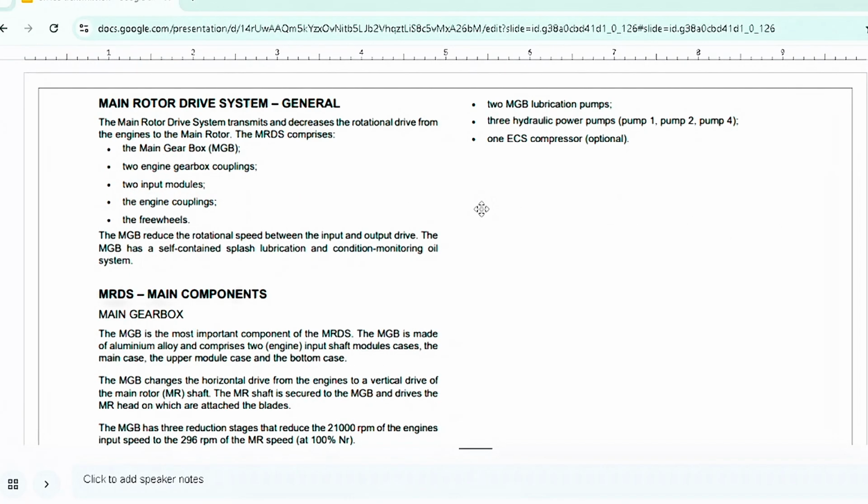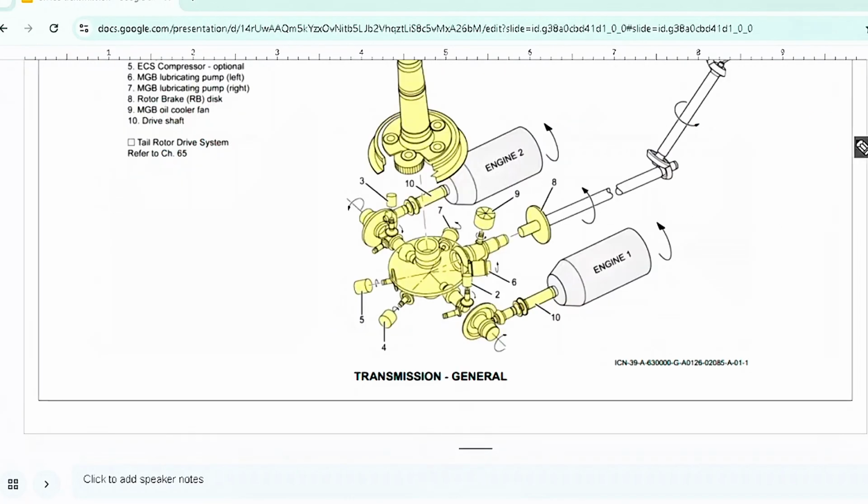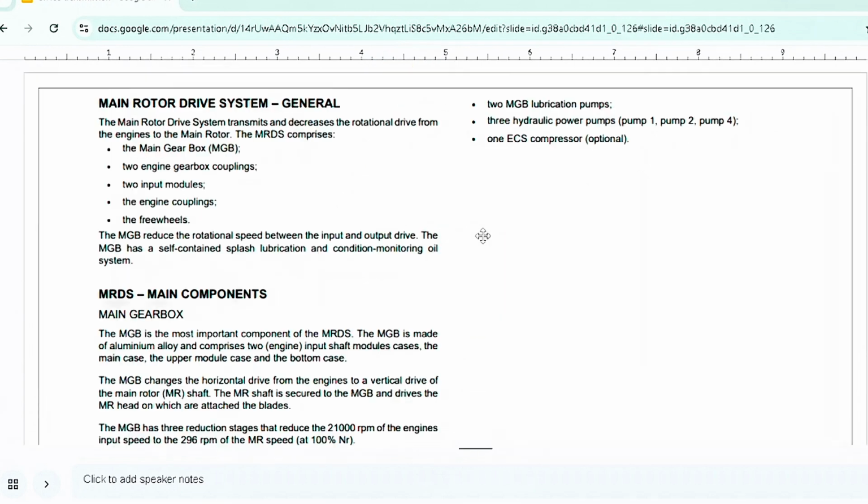The MGB changes the horizontal drives, which are these drives coming from the engine, to a vertical drive going towards the main rotor. Now I think you understand better.